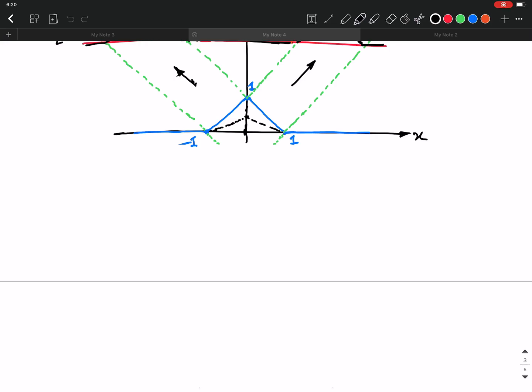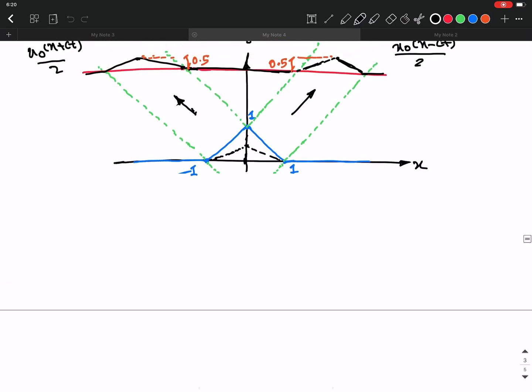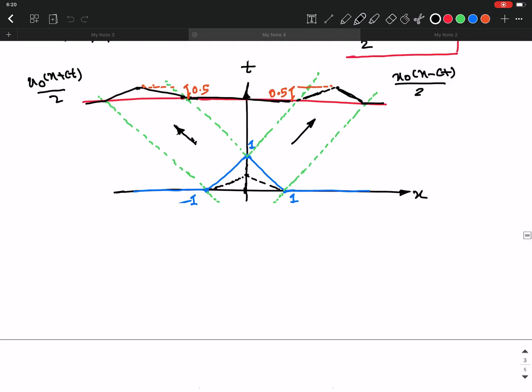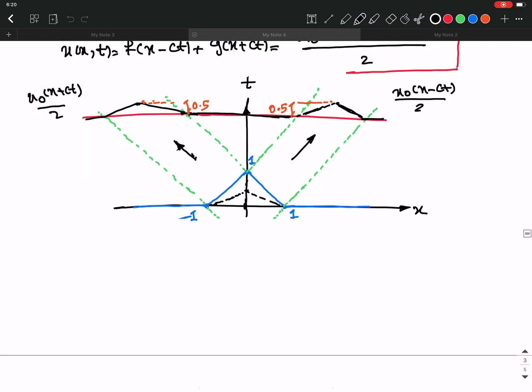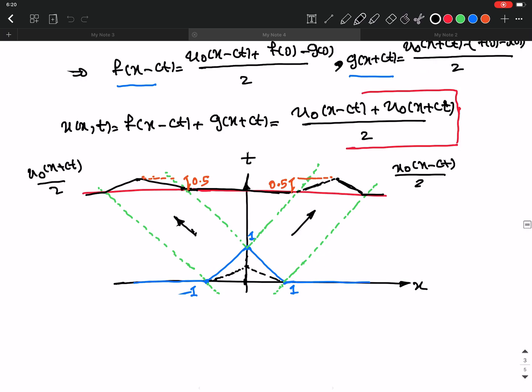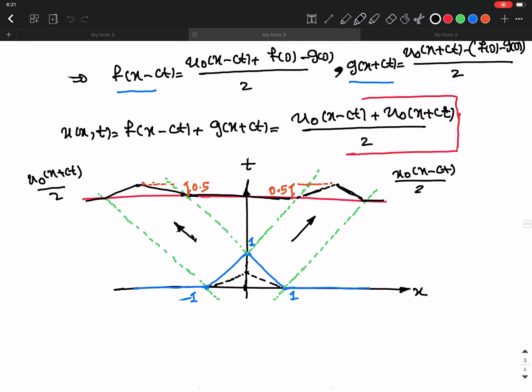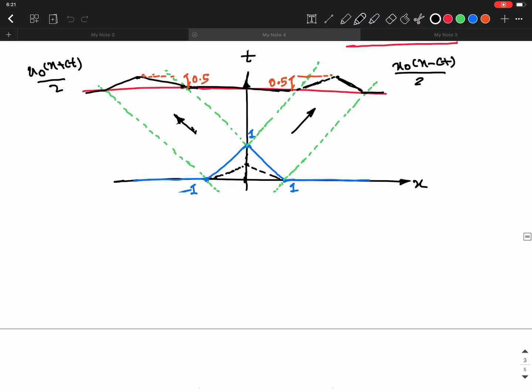Okay, so we talked about these characteristic curves, and what this equation does, as you can see, is carry the information from the initial condition by two traveling waves, one moving to the right and one moving to the left.